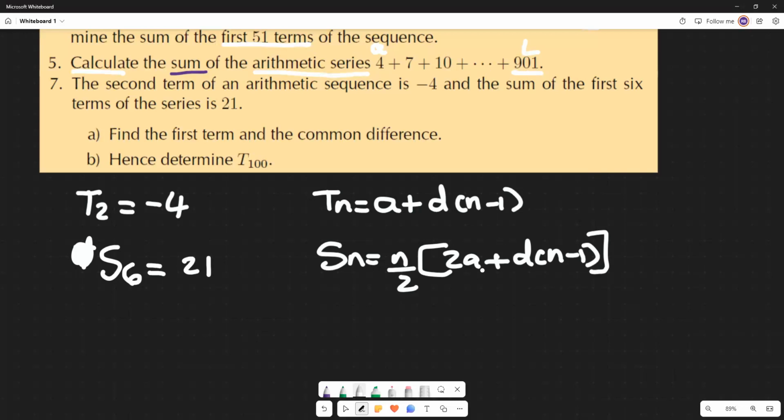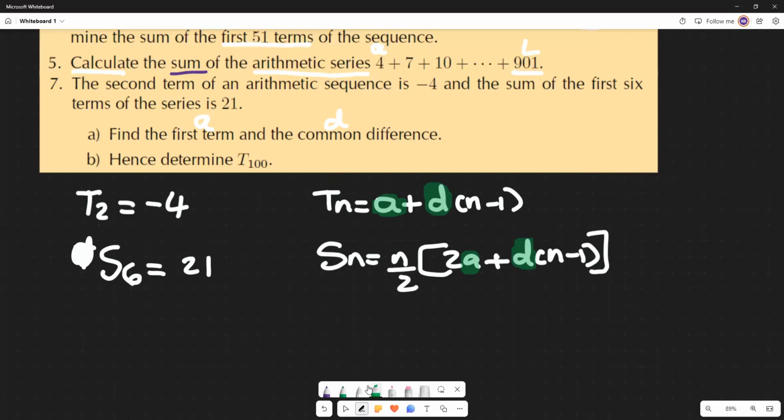So now they say I need to find the first term, which is a, and the common difference, which is d. They're asking me to find this guy and that guy on each equation. So I already know that I'm going to do simultaneous. Always, if you have two equations and you're looking for two unknowns, it's simultaneous. Let's start with the Tn formula.